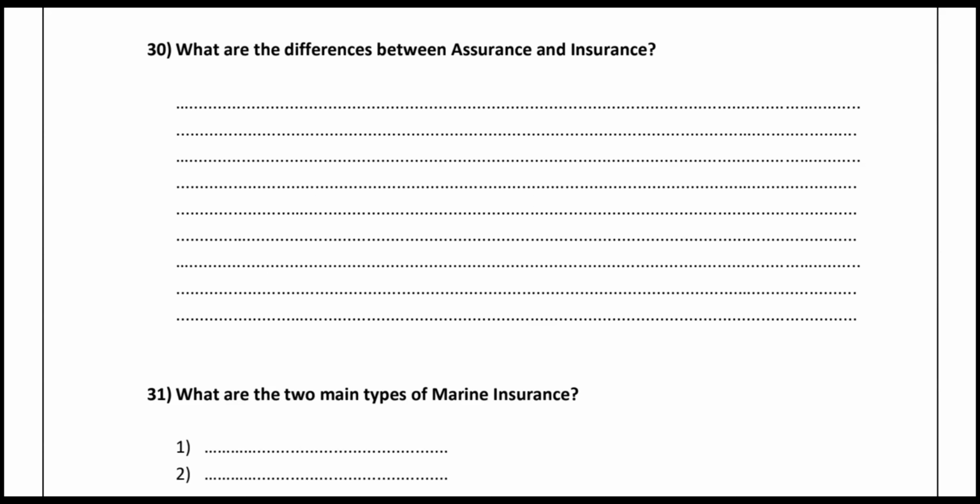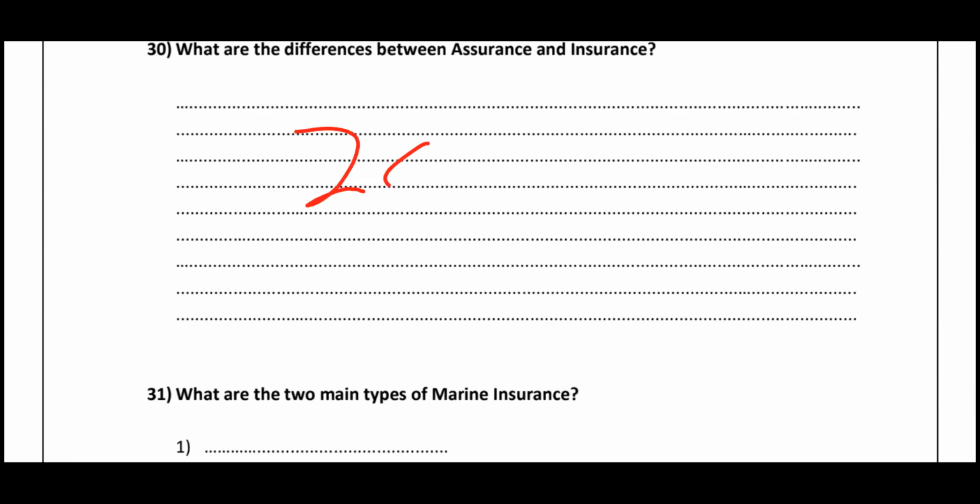Or let's say it's a big high value asset, and that risk is accepted by many insurance firms, and they issue a joint policy or one policy. For example, let's say there's a ship, and that ship's worth is 2000 million, a huge amount. So many insurance companies will accept it. How will they accept this?